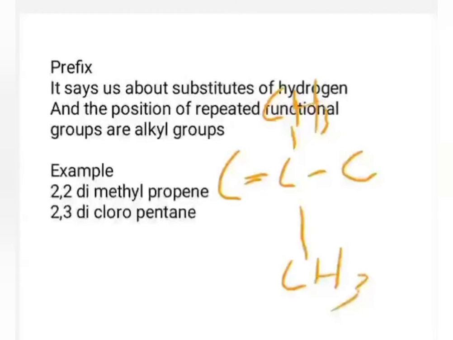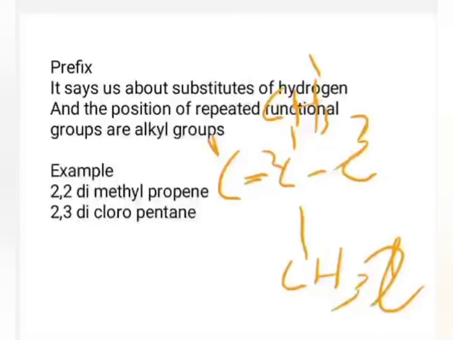See, look at the structure, friends. Let me give numbering from double bond. You can see here at the second position, for the second carbon atom, it has two methyl groups. So we represent it with 2, 2 di represents that the first methyl is let it be first one and let it be second one.